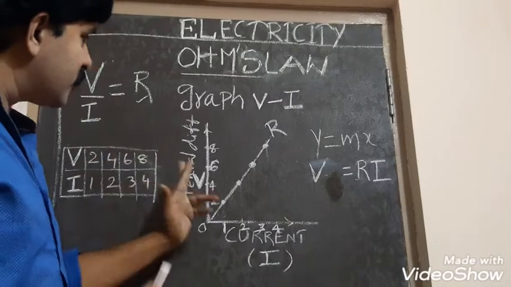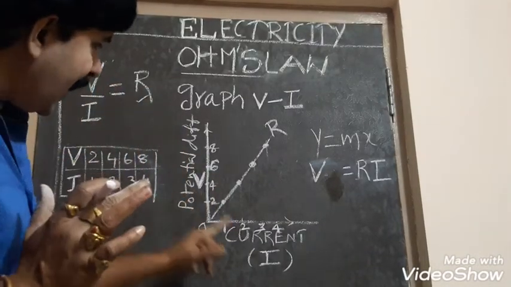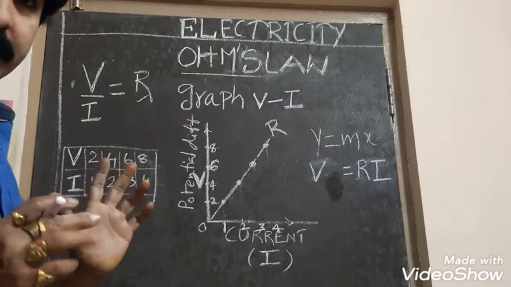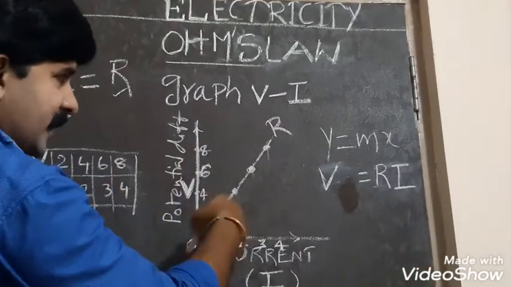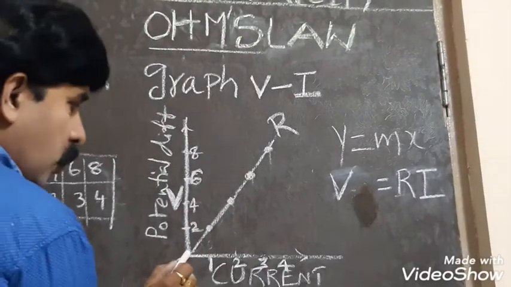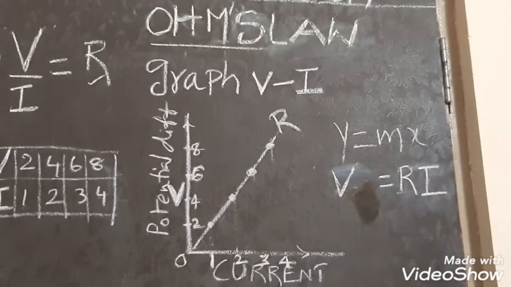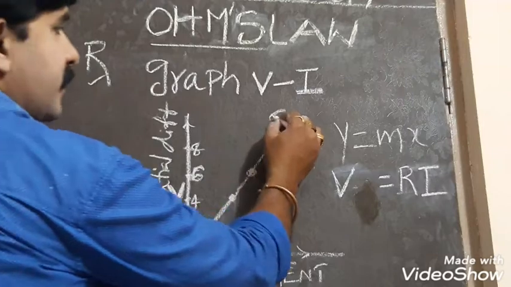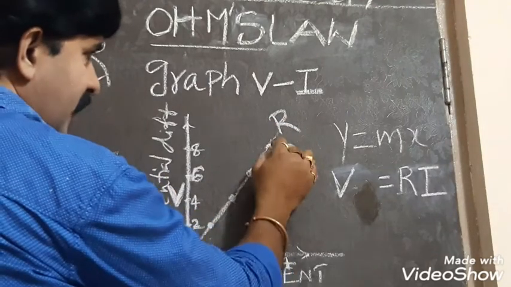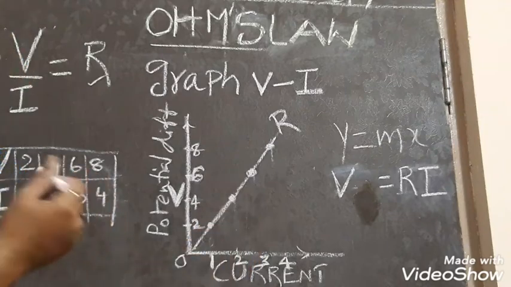So when we plot a VI graph, the line we received after plotting the points, the line that goes through the origin, indicates the resistance, R. At every section, you take from every section, we can find R.